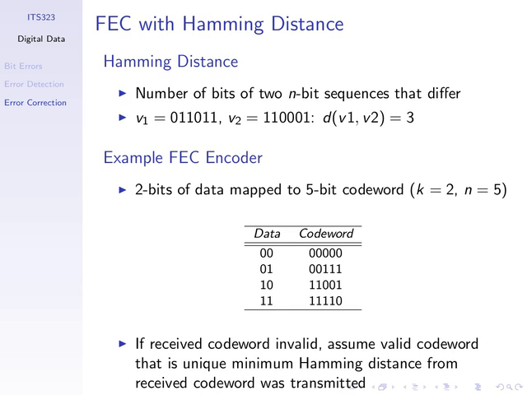So in our example, we've got our transmitter, we have an encoder, and in this example we're going to have 2 bits of data that we want to transmit, k equals 2, and we're going to map it to a 5-bit code word. So n equals 5, and transmit the code word. And this is the mapping in this example. That is, whenever we have these 2 bits to transmit, we're in fact going to have the code word of all zeros and the other 4 values.